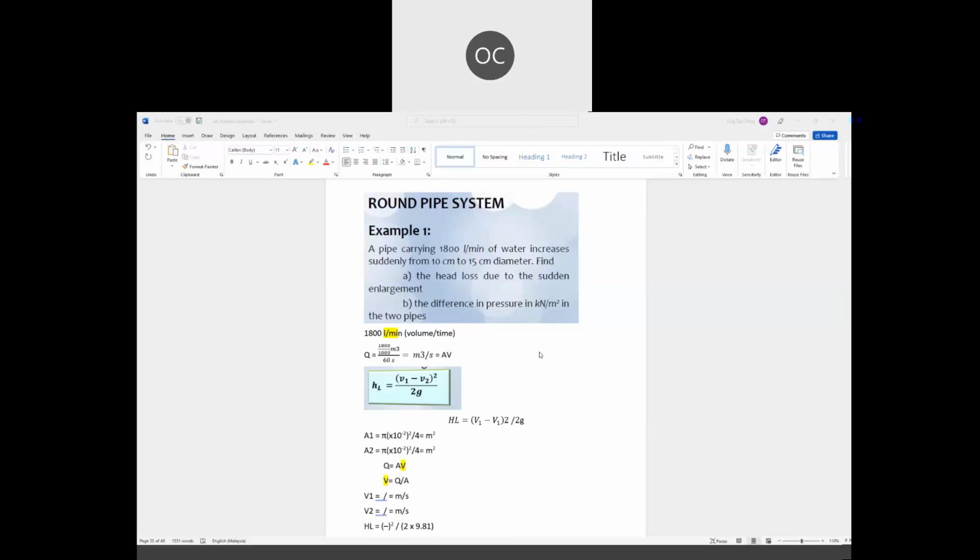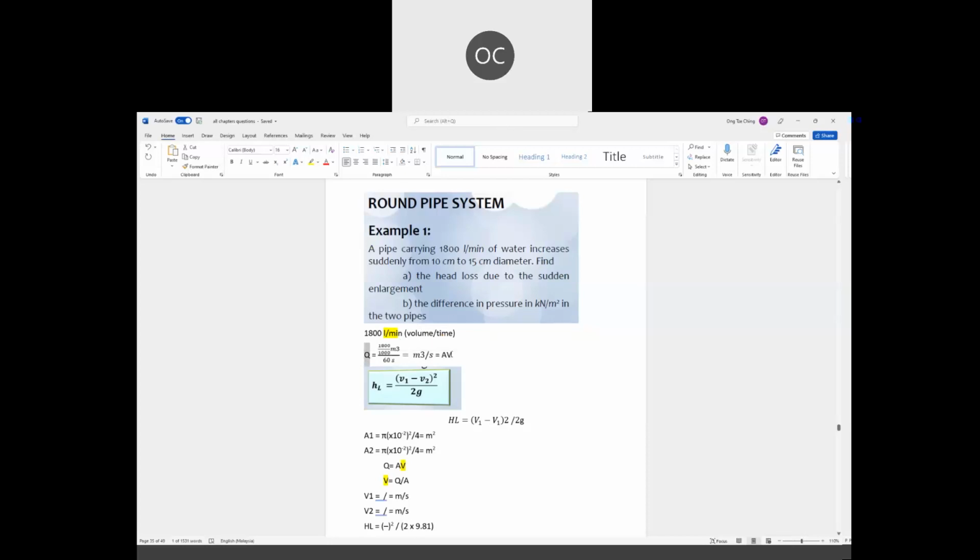You can see in your question there is 1,800 liters per minute. What is that? That is volume over time. Liter is a volume, and minutes is the time. From here you learn about Q, which we denote as flow rate.